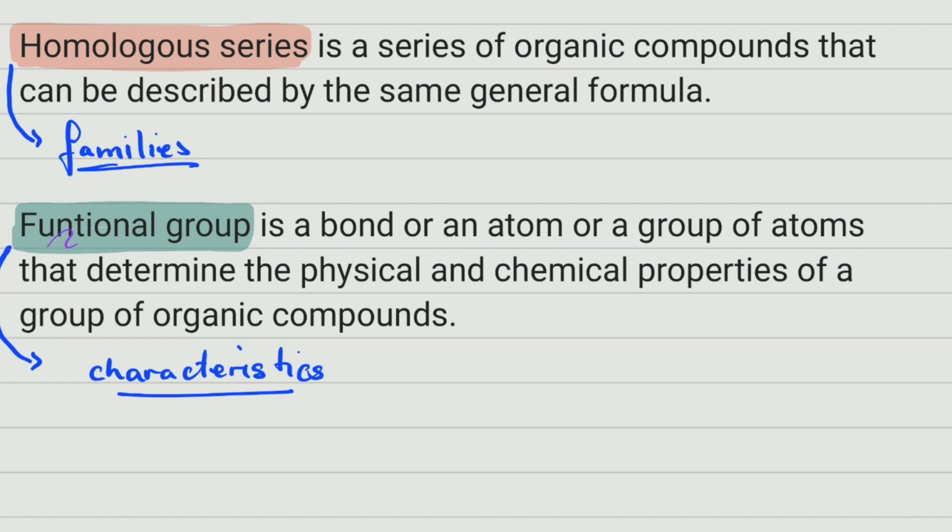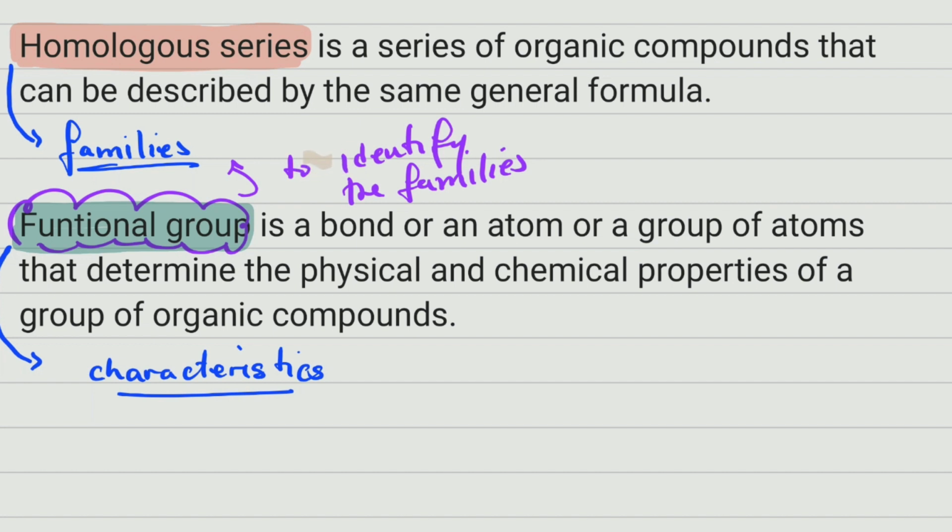So this functional group is the one that is going to help us to determine what the family or the homologous series is. They are very interrelated to one another. The functional group is that characteristic that tells you, okay, this is this specific family.